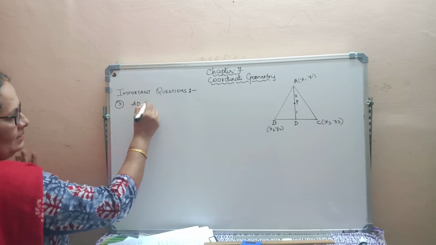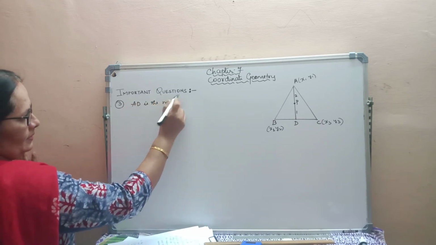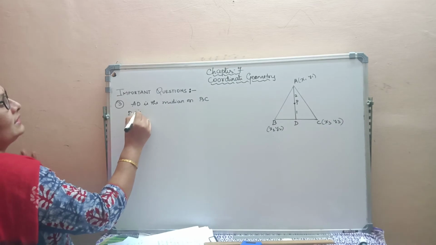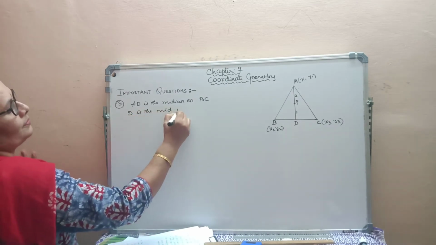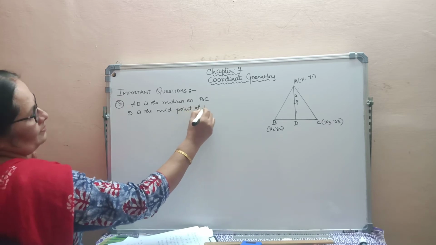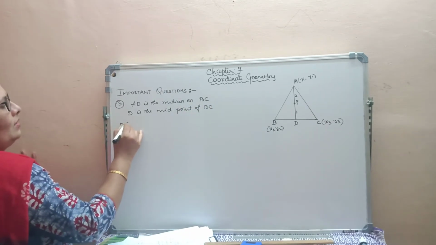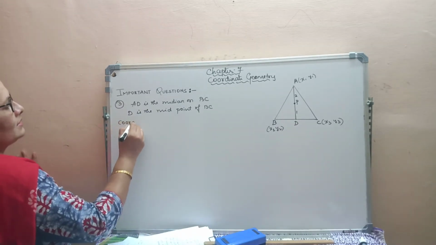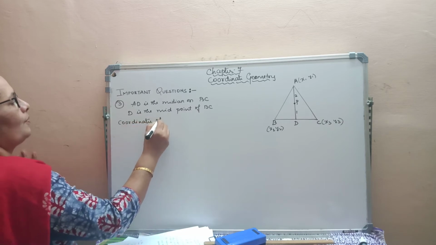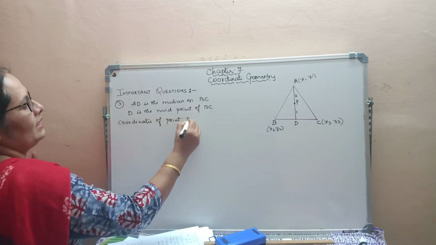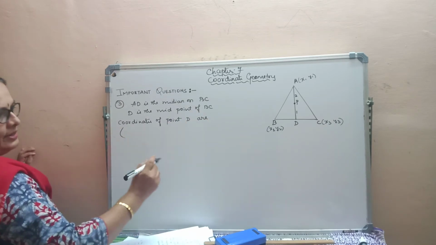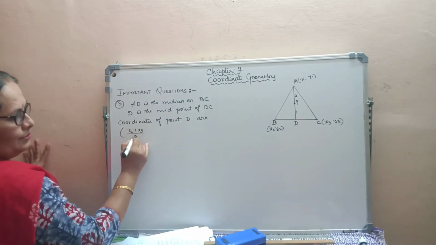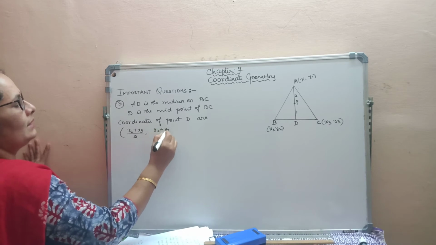AD is the median on BC, so D is the midpoint of BC. The coordinates of point D are (x2 plus x3 upon 2, y2 plus y3 upon 2).